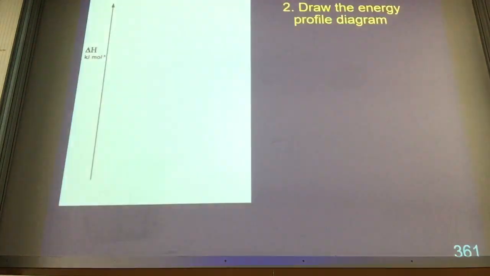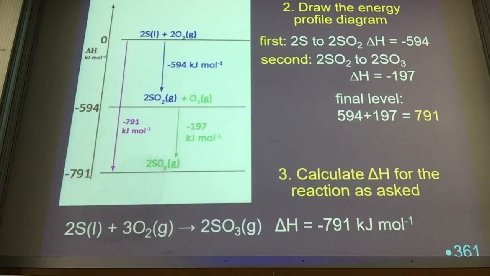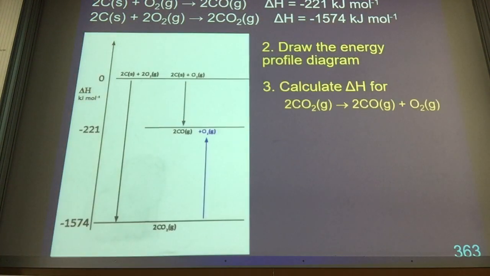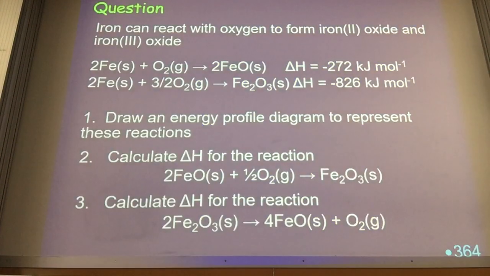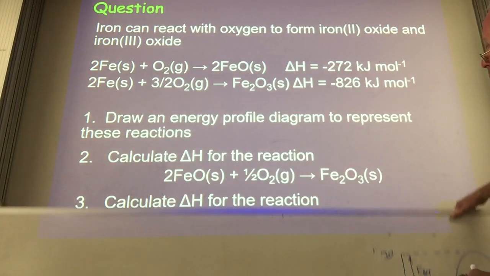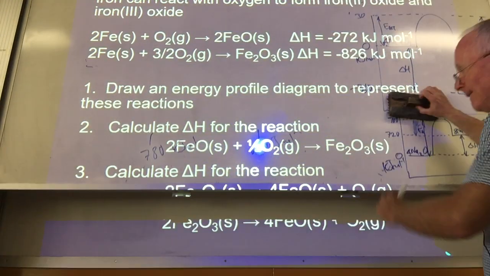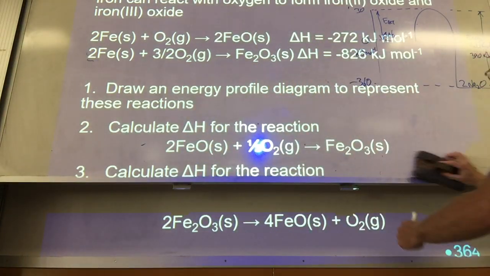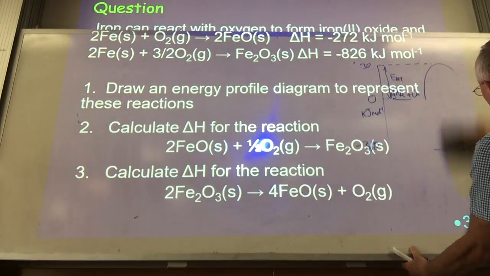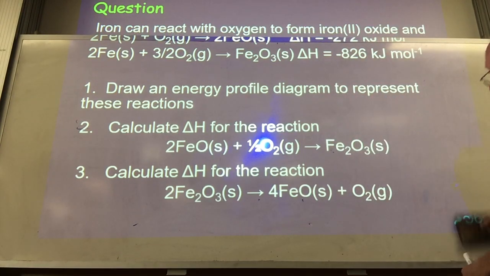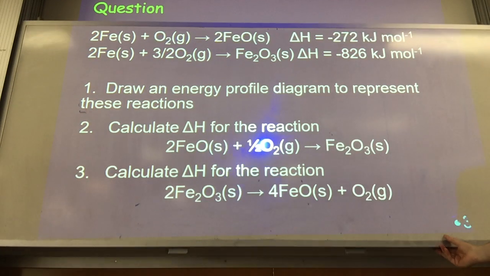Okay, going on to the questions for the multi-step reactions. We get the iron oxide reaction. So just the same as in the examples, we look for the common chemical between the two equations.